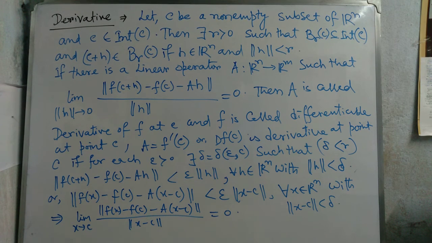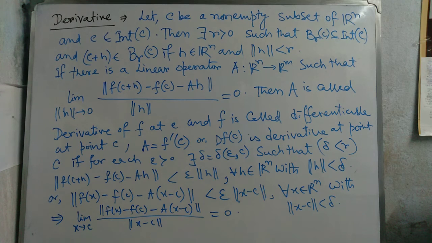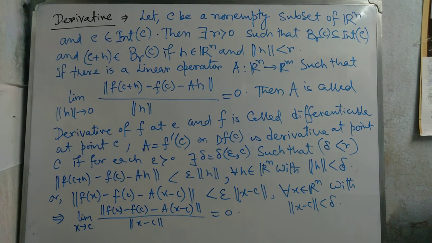Then norm of this is less than epsilon norm of h, then norm of f(x) minus f(c) minus A(x minus c) is less than epsilon norm of x minus c, then limit x tending to c of (f(x) minus f(c) minus A(x minus c)) by norm of x minus c equals 0. Okay, so we also discuss this one.